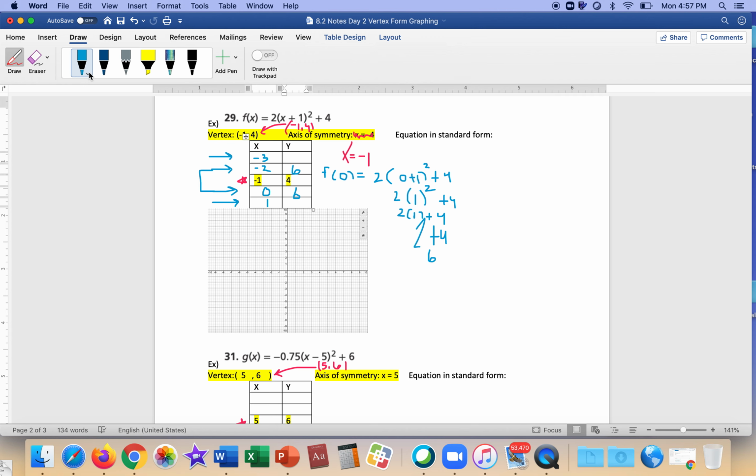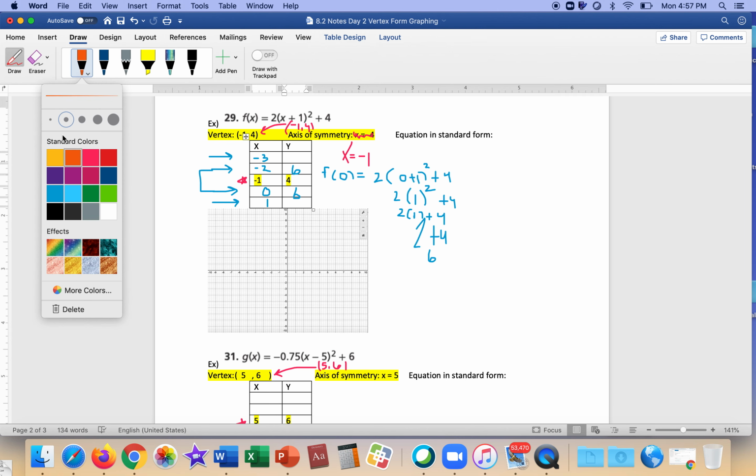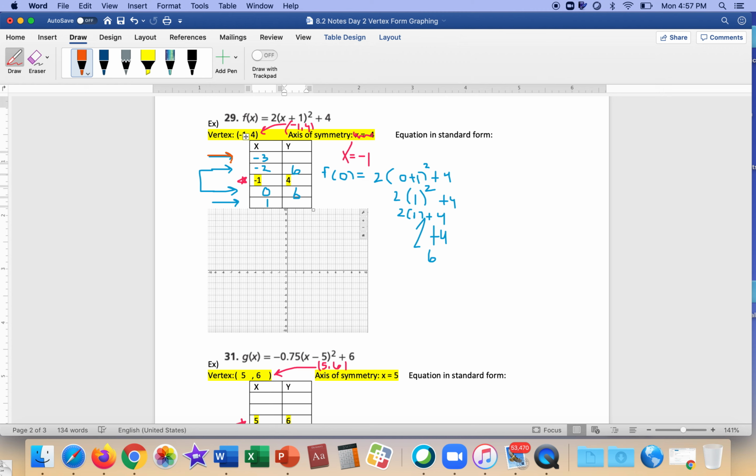Now let me plug in -3. So if I plug in -3, I'll just use y now. y equals 2 times (-3 plus 1) squared plus 4.